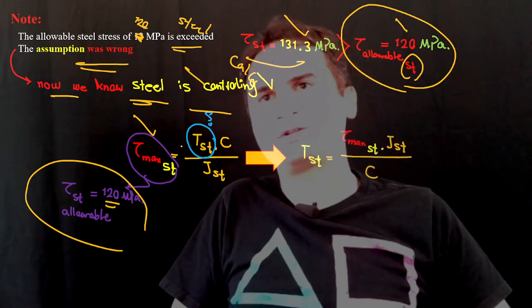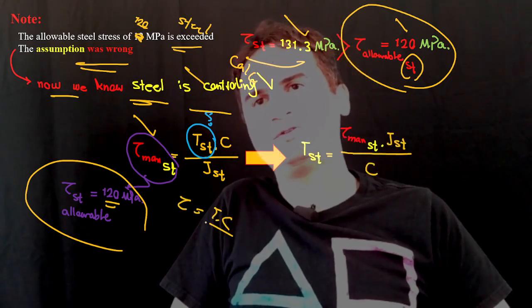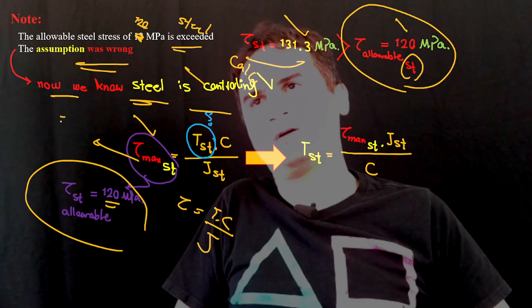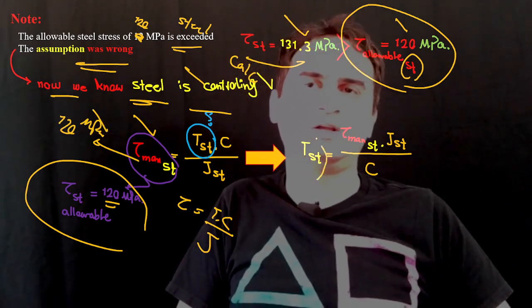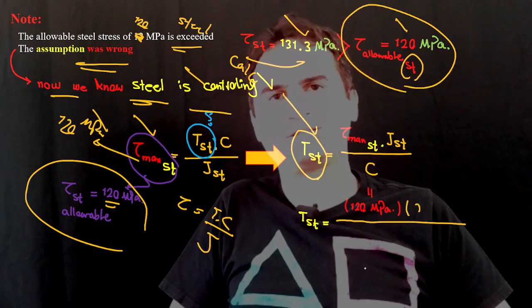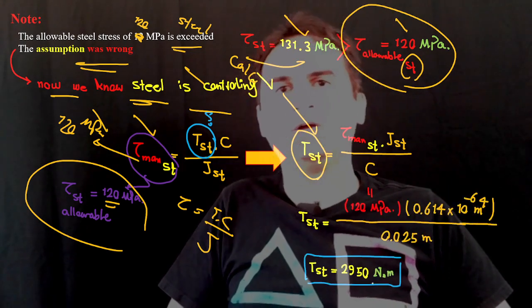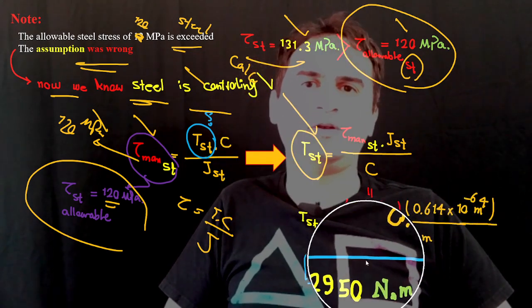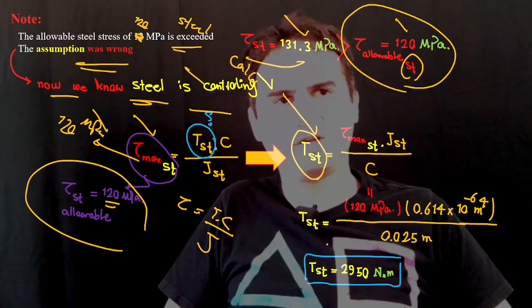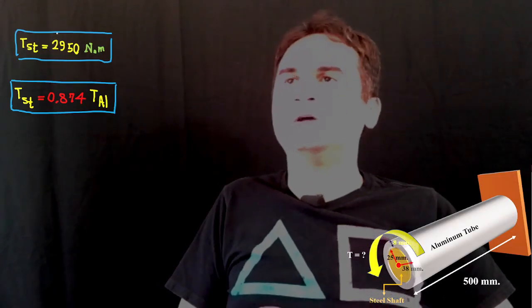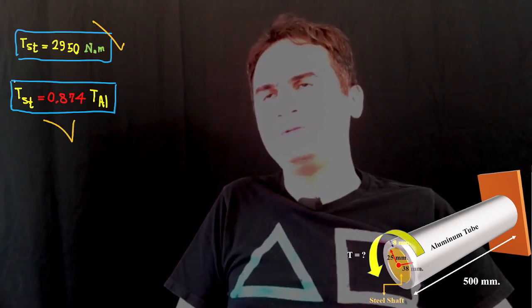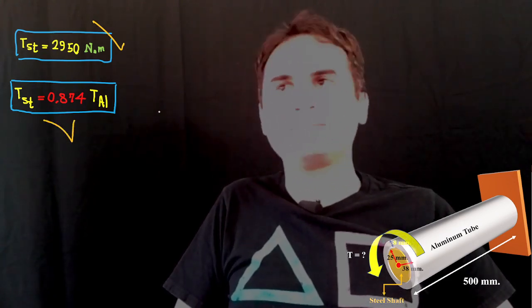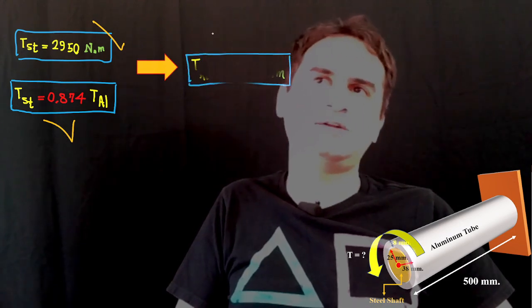If you replace tau equal to Tc over J, replace that by 120 megapascal. Our problem statement gives us the share of steel, which is 2950 newton meter. If we have the share of steel and the relation between the two portions, we can calculate the other one.